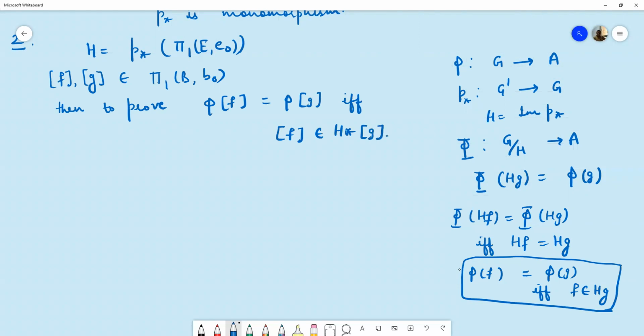So we want to prove this thing to prove the capital Phi mapping is 1, 1. So now we are assuming that f and g are loops in space B based at point B naught. So let us assume that f curl and g curl are the liftings of f and g.